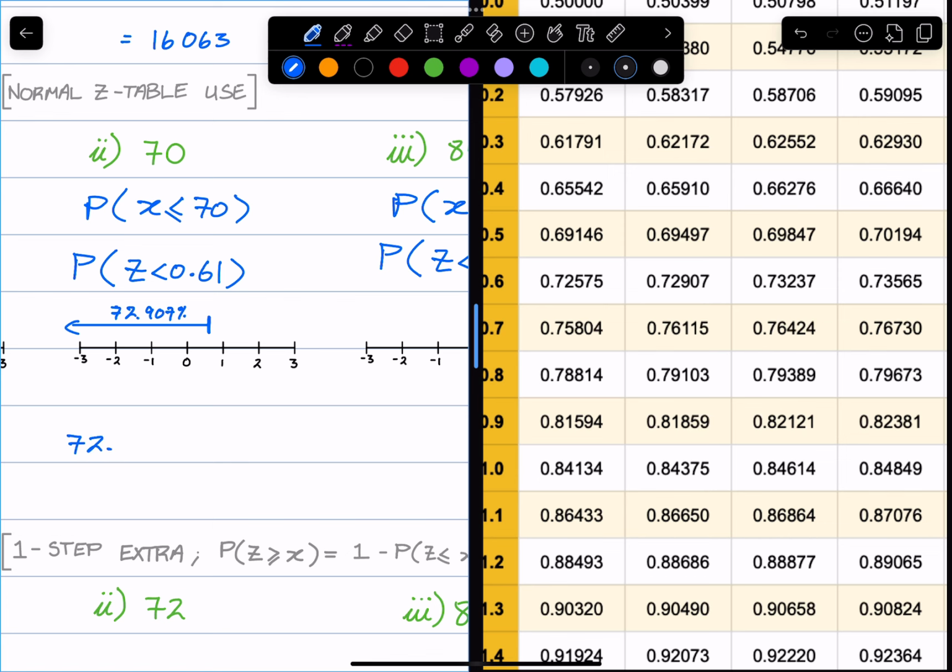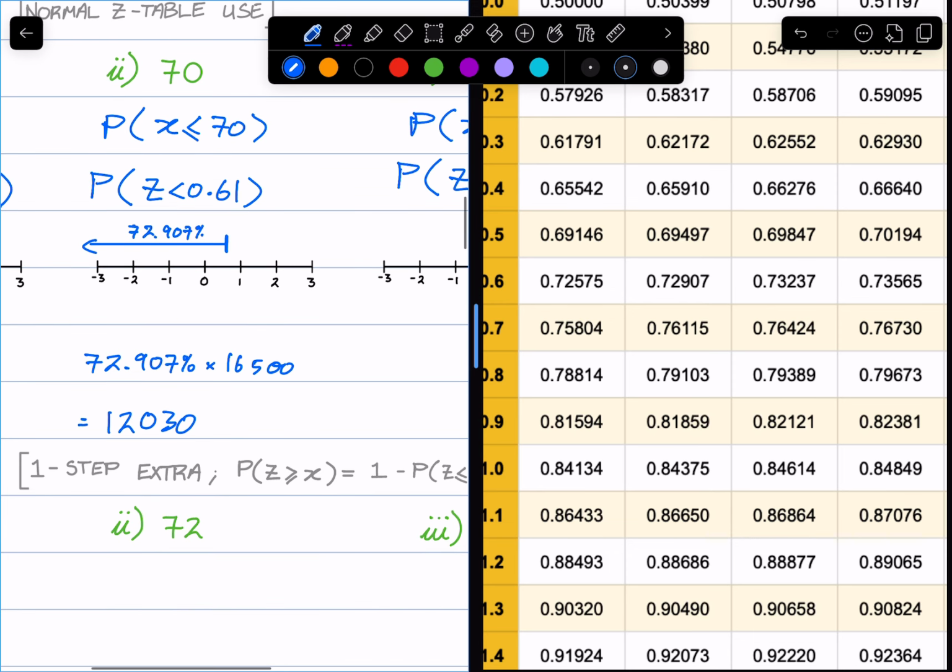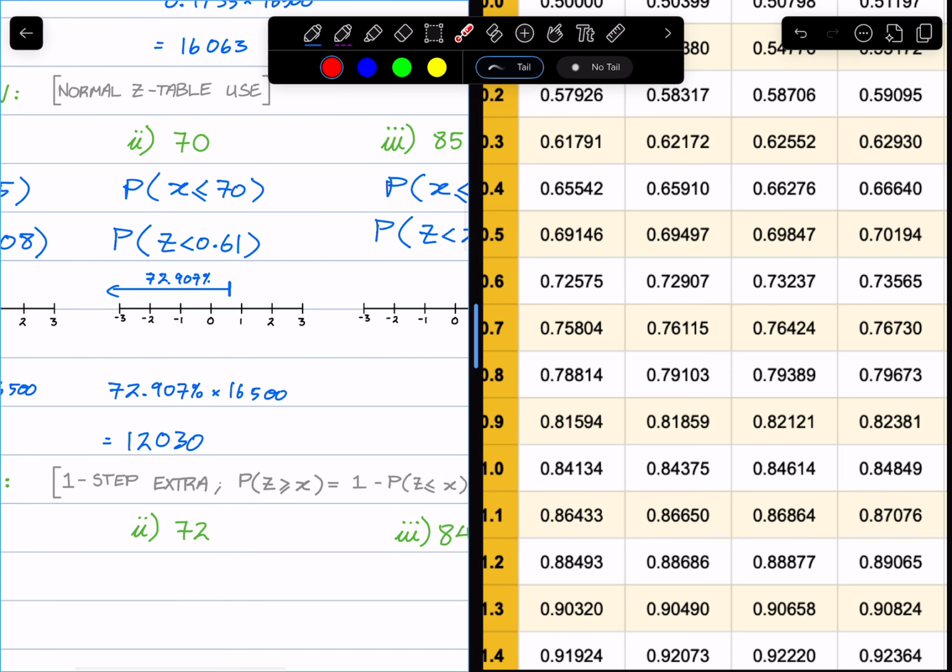So we're now just going 72.907% times 16,500. Using my calculator here, 72.907% times 16,500 should get you 12,029.655, but this will round up to 30. So 12,030 students scored less than 70.